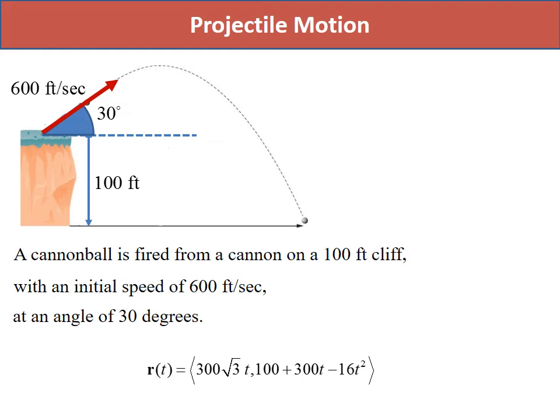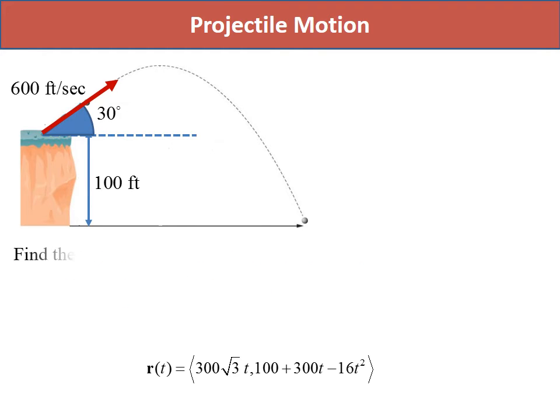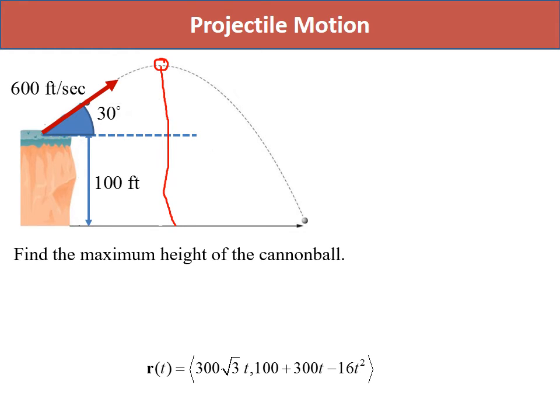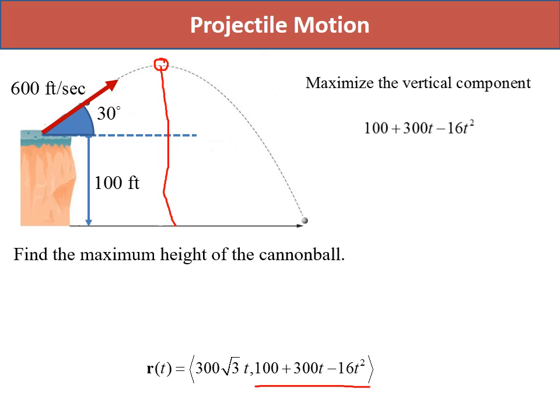And from that, we should be able to answer questions such as the maximum height of the cannonball. Well, the maximum height of the cannonball, notice, is nothing more than the vertical component. The vertical component needs to be maximized.